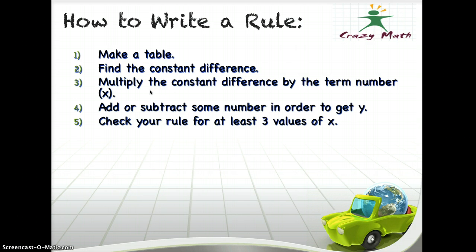Third, multiply the constant difference by the term number X. Number 4, add or subtract some number in order to get Y. Check your rule for at least 3 values of X. If you're writing down notes, it's best that you write this in your notebook. Okay, let's use these rules for the table that was given to you a while ago.